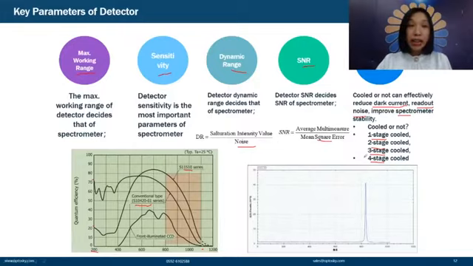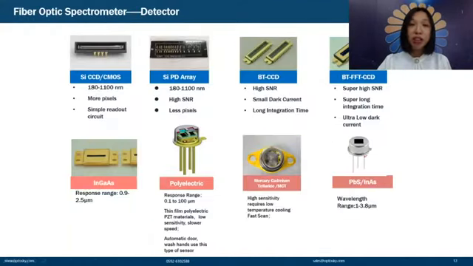And then we have introduced the 5 key parameters of the detector. Then we move to introduce the detector models. Here we use the blue color to indicate the UV and visible range detectors.